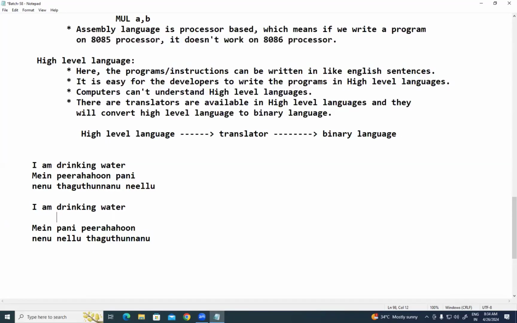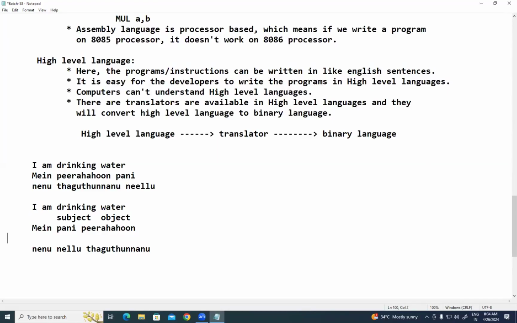According to English grammar, drinking is the verb. What is the object? Drinking is the verb here. Water is the object.